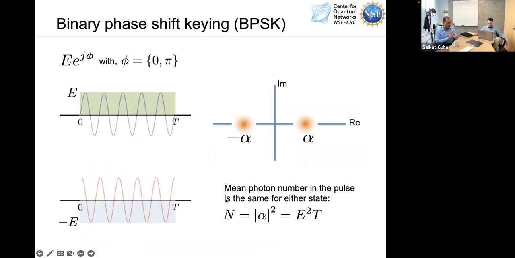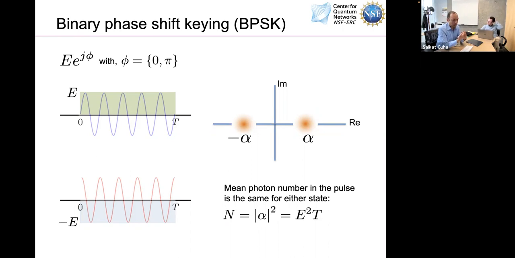Okay, so let's talk about the next modulation format, binary phase shift keying. A binary phase shift keying modulation format is again a binary format, meaning there are two modulation levels, but instead of an off and an on, meaning not sending light or sending light with some mean photon number, this time we are always going to send some light.